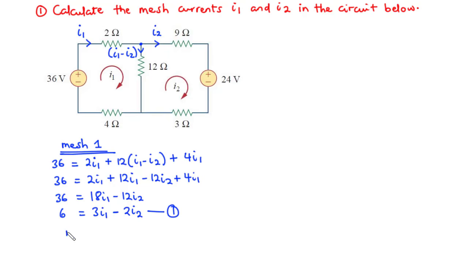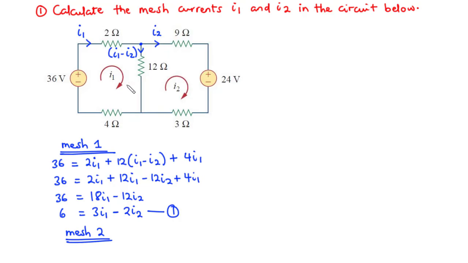Next, let's move on to mesh 2. We are going to apply KVL to mesh 2. Now notice that the mesh currents are supposed to take the same direction. So you realize that all the 2 mesh currents are taking the clockwise direction. Now generally it is accepted to take the clockwise direction, so each mesh current should take the same direction.